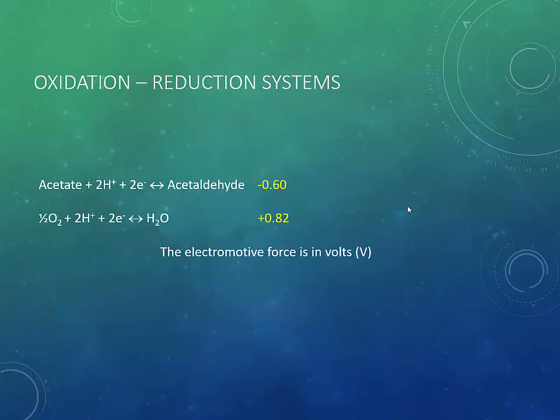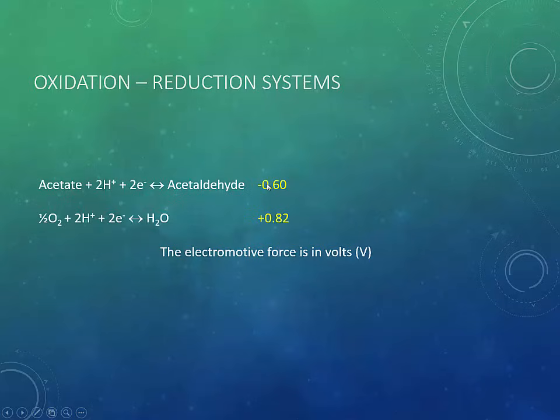So let's look at two oxidation-reduction reactions. Now, one thing to notice is every time an oxidation-reduction half reaction is written, it is always written with the oxidized form accepting electrons to become the reduced form. So we have acetate with electrons becomes acetaldehyde, or oxygen gaining electrons becomes water.